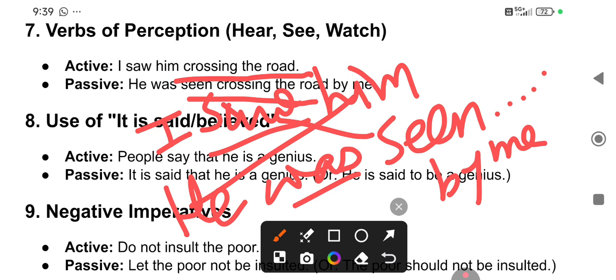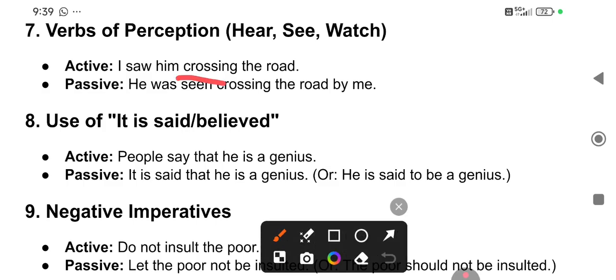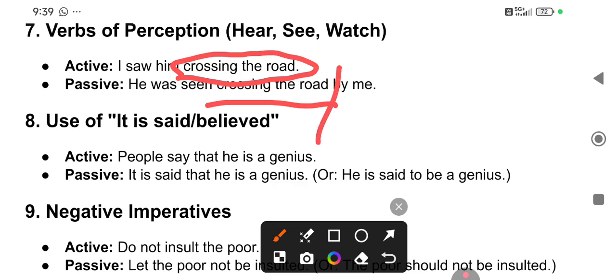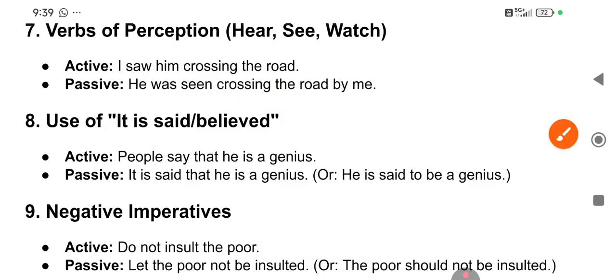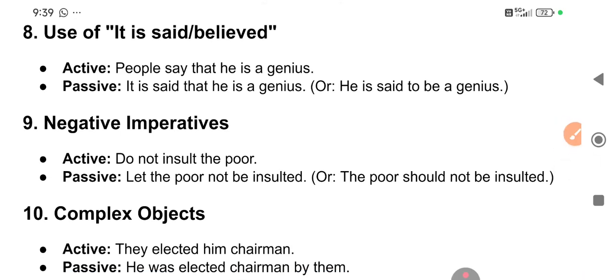Simple sentence. You just have to adjust crossing the road here in between by me. So the same changes. So I saw, he was seen crossing the road by me. Like this.